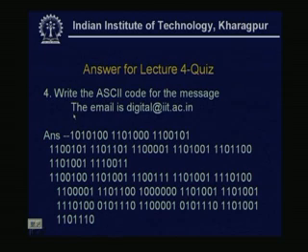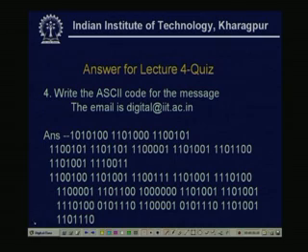As the T is a capital one, this is the ASCII of capital T, 1010100. Then this is capital T, this is small h and this is small e.